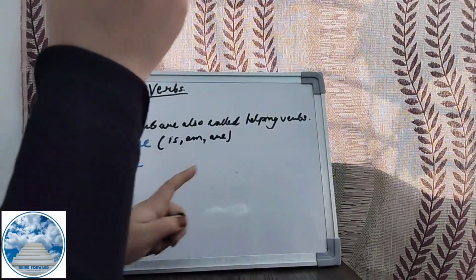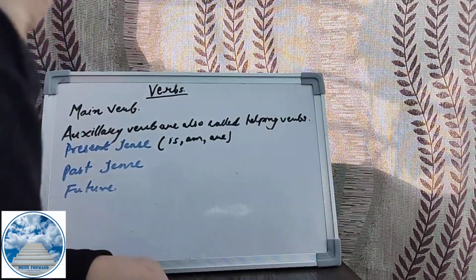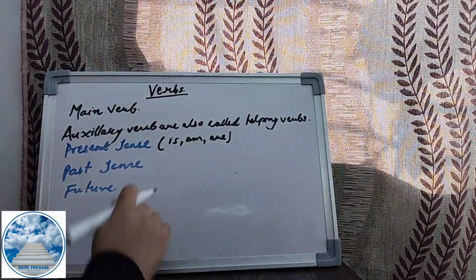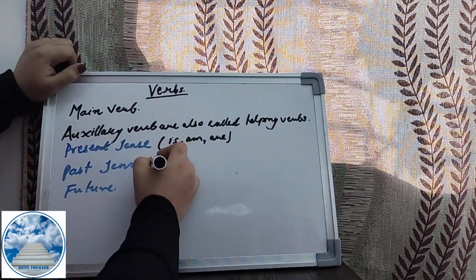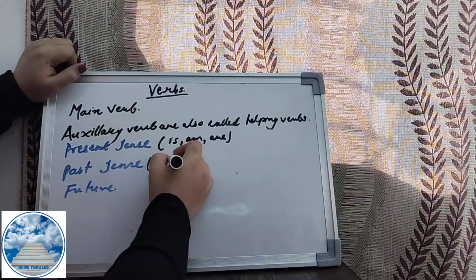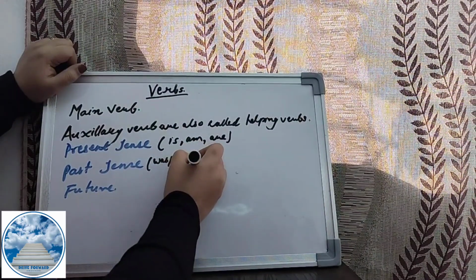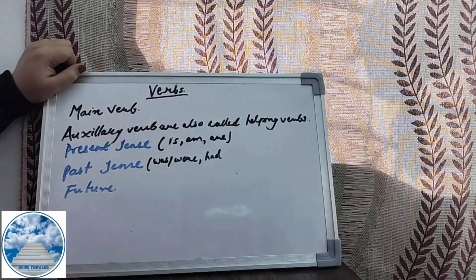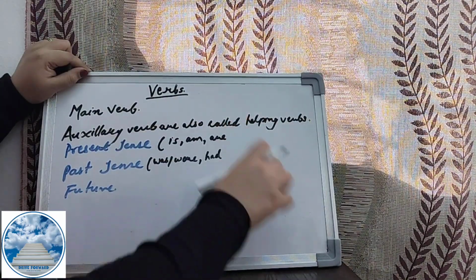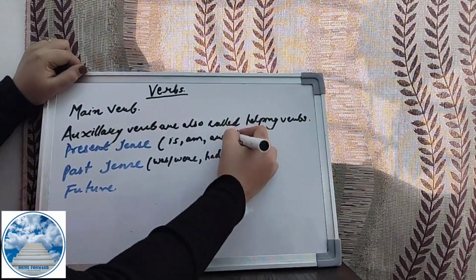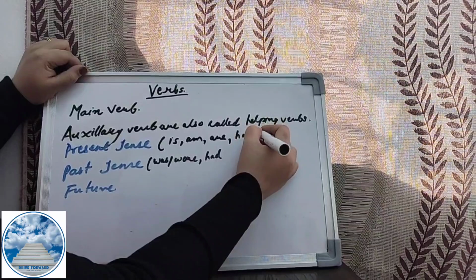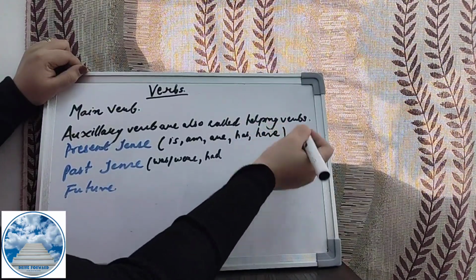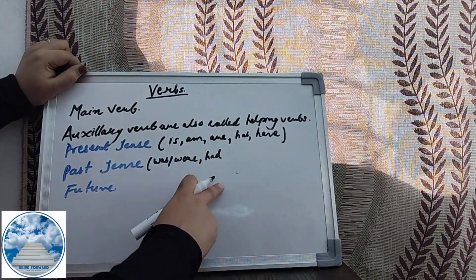This you have to use with present tense. These are generally used, right? Past, what will you use? Was, were, had. And here you will also use has and have. Has, have, right? All these are auxiliary verbs.